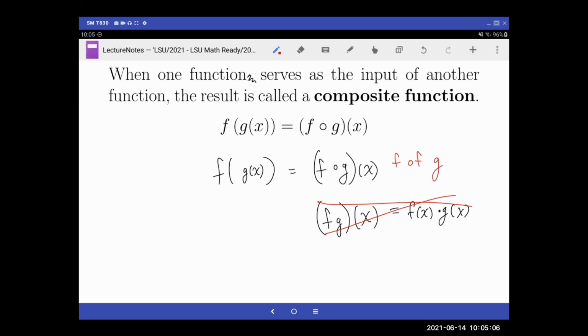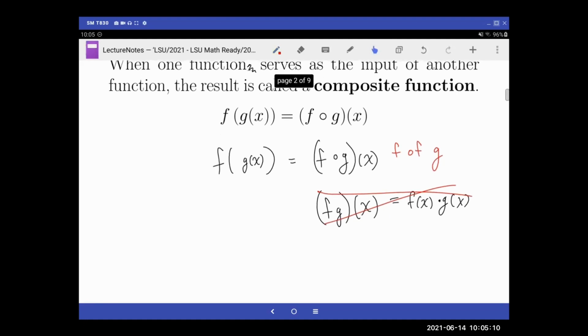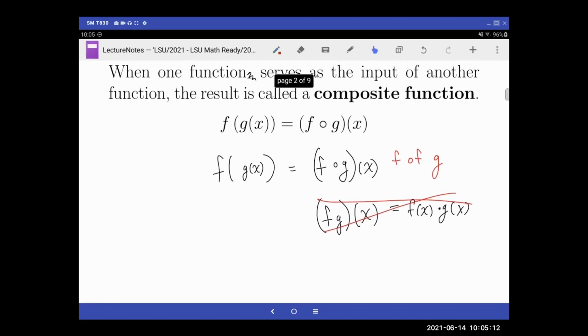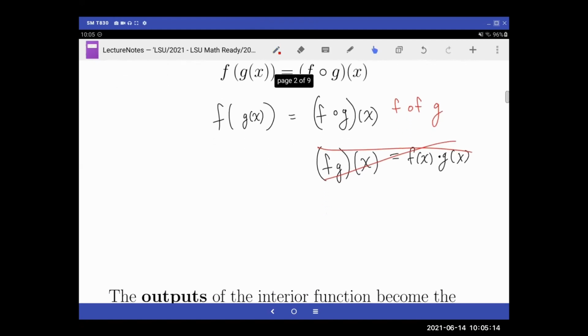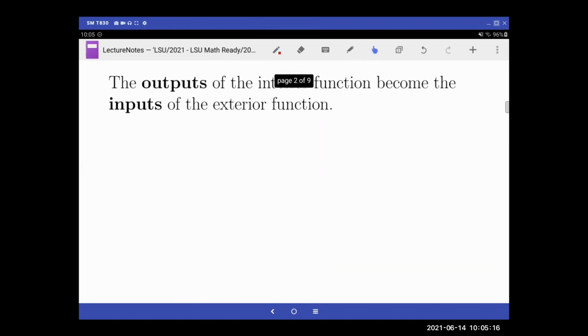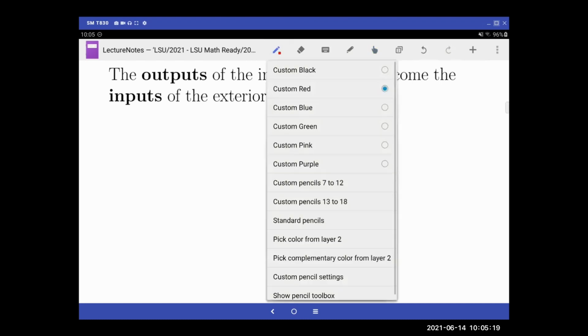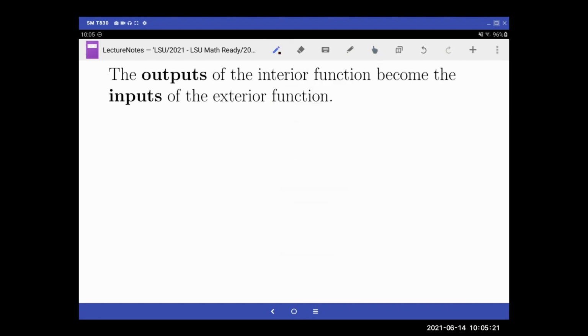Okay, so when you compose one function with another function, you produce a new function. Okay, and that new function, you can think about it in words here, the outputs of the inside function, and so in this case, g of x, if you were to plug a number in for g of x, right, that would give you an output.